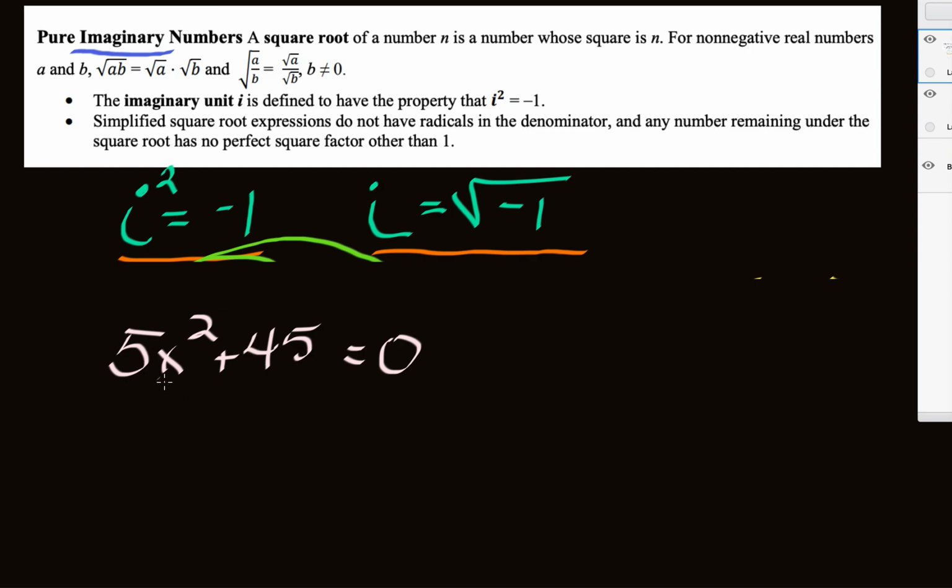So let's go ahead and see if we can find a way to make this work. Here we go. You can factor out a 5, right? You can divide each of these by 5. So it's 5 times x squared plus 9 equals 0.